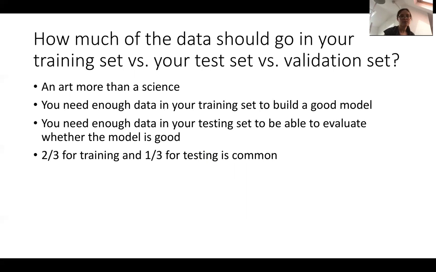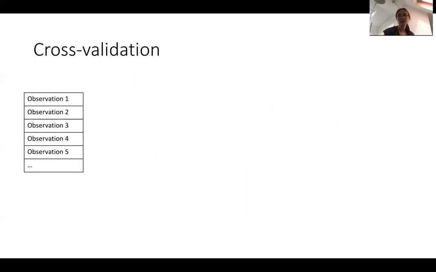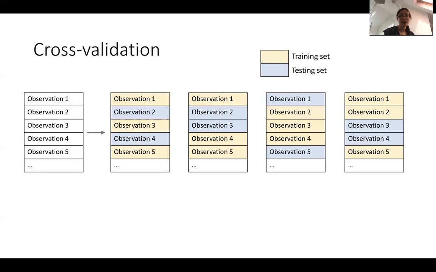Another useful approach is called cross-validation. This is especially useful if your dataset isn't large enough to be able to have substantially large testing, training, and validation sets. In cross-validation, you take all of your observations and you do different splits between the training set and testing set.